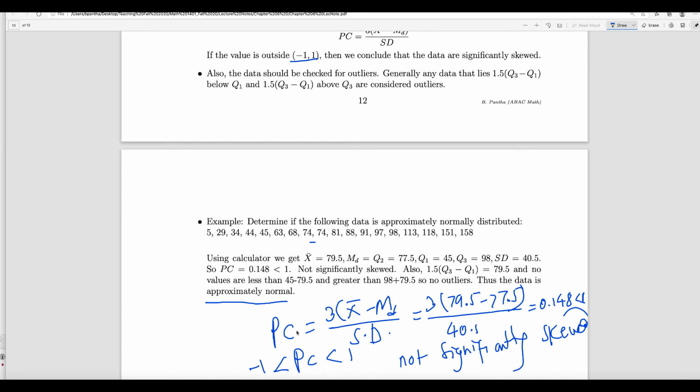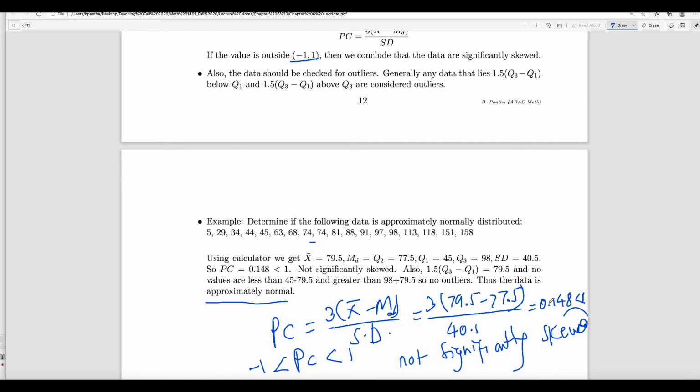Usually, if Pearson's coefficient of skewness is greater than 1, you check for outliers, remove them, and find X bar, median and SD again, then plug into the formula and check the values.